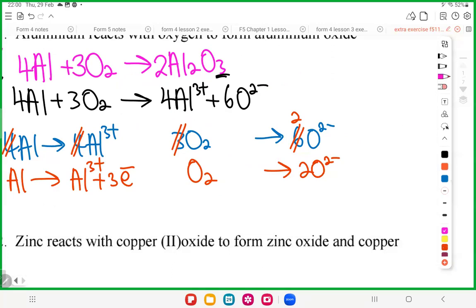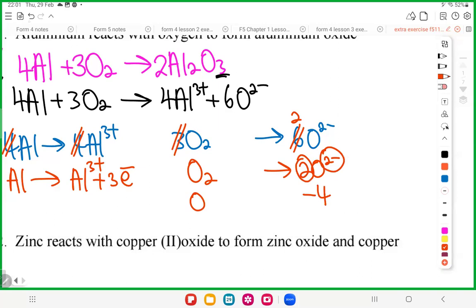Now, same thing. How to know the number of electrons we need? The number of electrons depends on total charge. The total charge on the left is 0. On the right-hand side, the total charge is -4. Why? Total charge: -2 times 2.